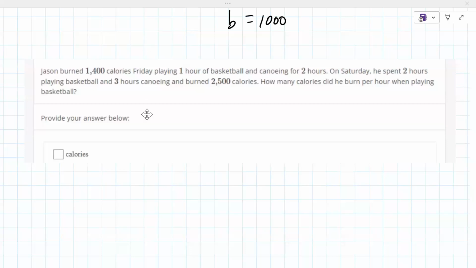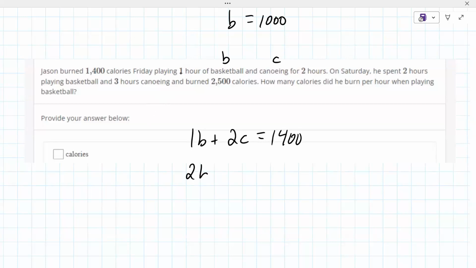All right, so give me the first equation from the first sentence here. So it would be 1b plus 2c. Okay, equals how many calories? 1400.